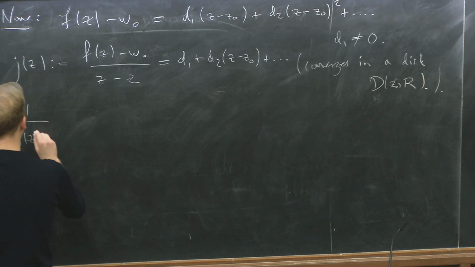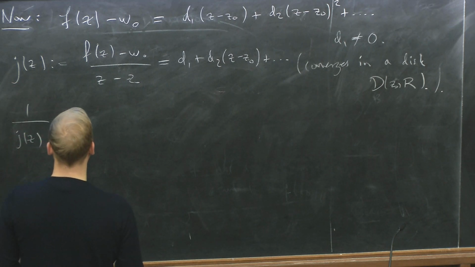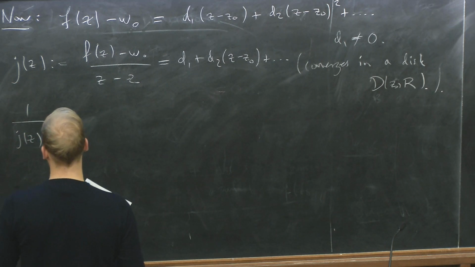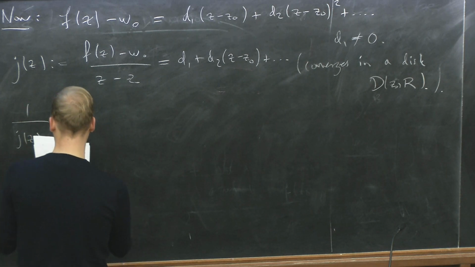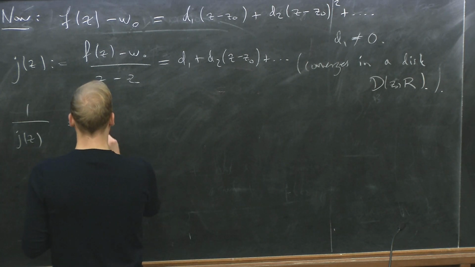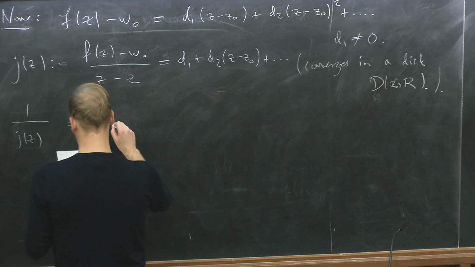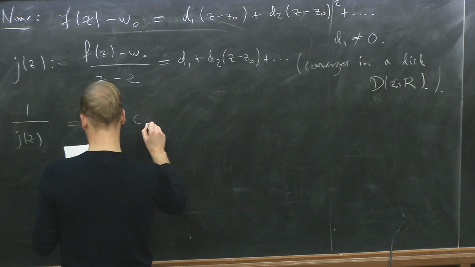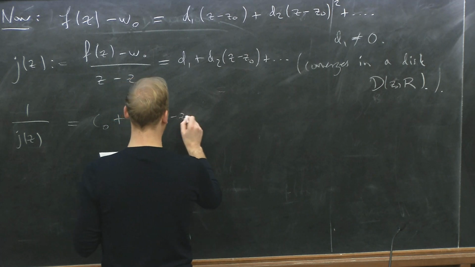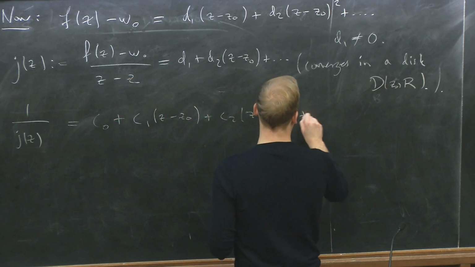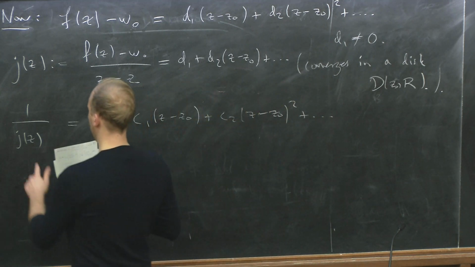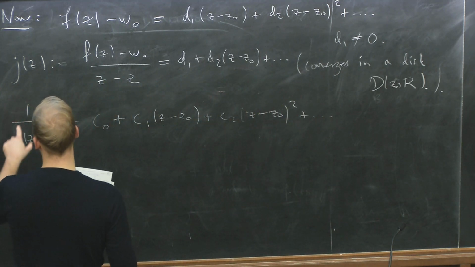And then you remembered that you can also divide by power series, and it's still going to be a power series. We talked about this some, 5 lectures ago, maybe. So I can have some other coefficients, C0 plus C1 plus C2 and so on. It's now the power series expansion of 1 over j.